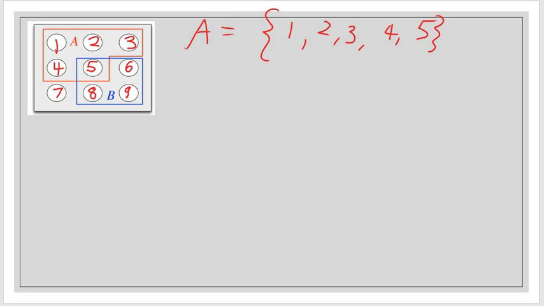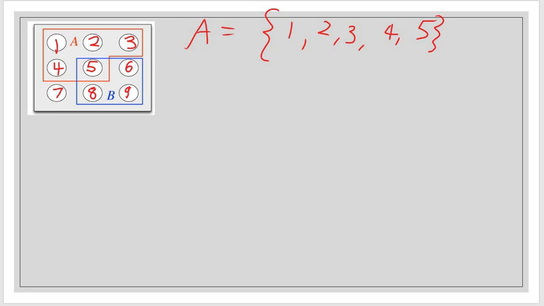Okay, so that is set A, and so I've just taken all of the numbers that you find there. And I wrote them in order 1, 2, 3, 4, 5, but that's actually not important in a set. In a set, there are 2 things that are important. Either something is in it or something is not in it. So you'll notice that 6, 7, 8, and 9 are not in set A.